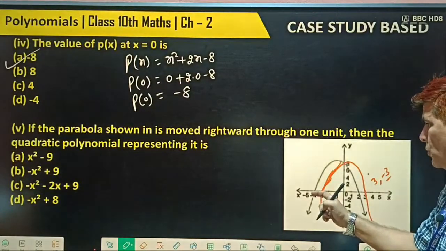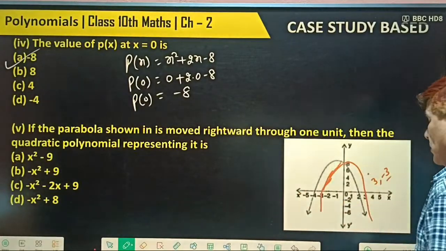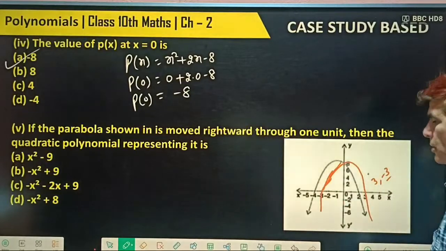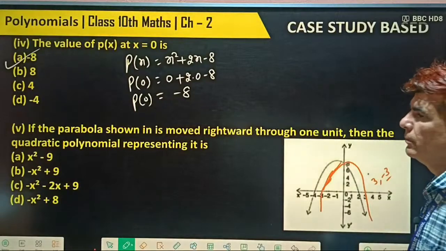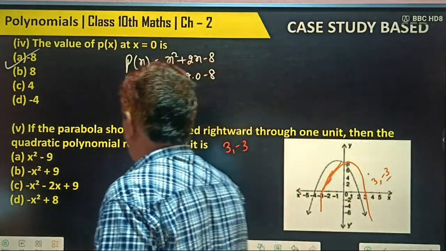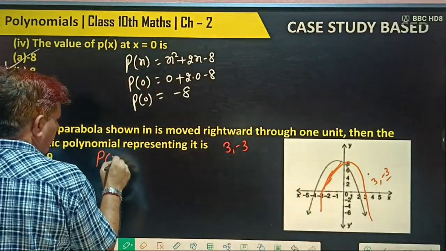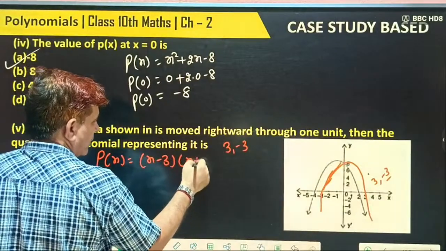Moving 1 unit to the right, -4 becomes -3 and 2 becomes 3. So find out the polynomial p of x: (x - 3) and (x + 3).